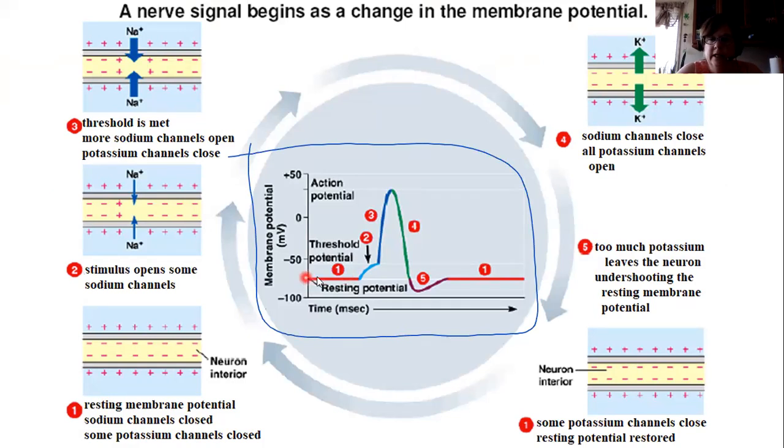That's the resting potential. And we see over here what's happening with part one. We see it's more positive on the outside and more negative on the inside. So if I look at part one, let's just go to the chat here. What ion channels are open in part one of this graph? What ion channels are open?